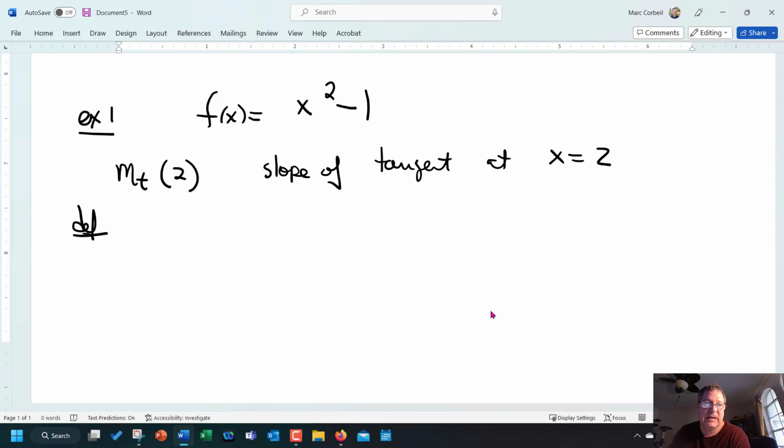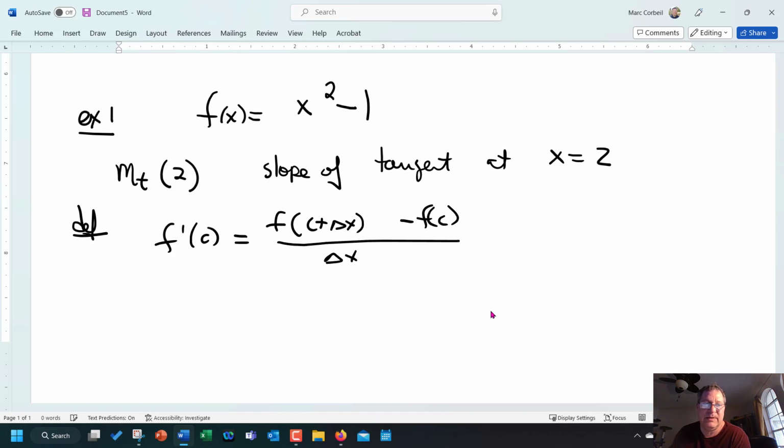So that'll be f prime of c, and I'll use the c version of that, equals the limit as delta x goes to 0 of f of c plus delta x minus f of c all over delta x. So that's our definition.